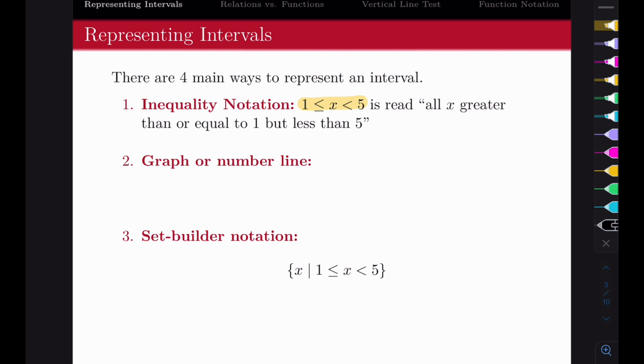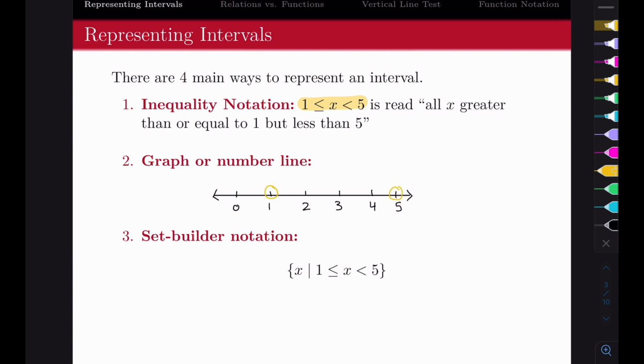Second thing we can do is a graph or a number line, which we've seen number lines in that last section. We need a couple main values on here. So we've got 0, 1, 2, 3, 4, and 5. Okay. So what we can do is we're going to start at 1 and go to 5.